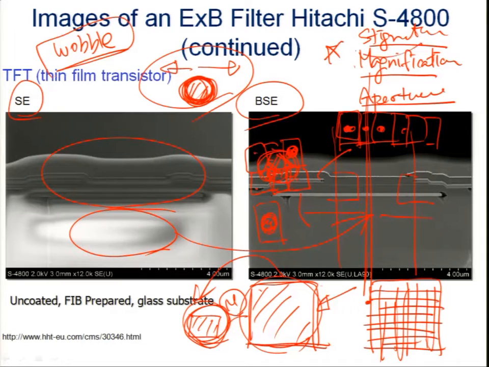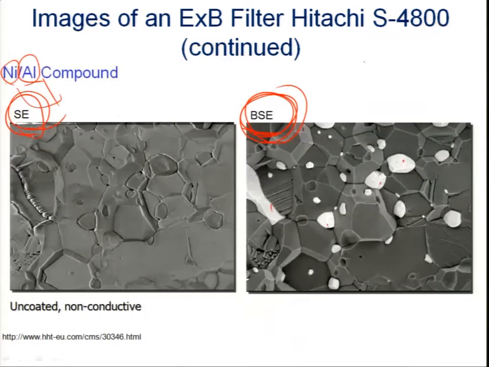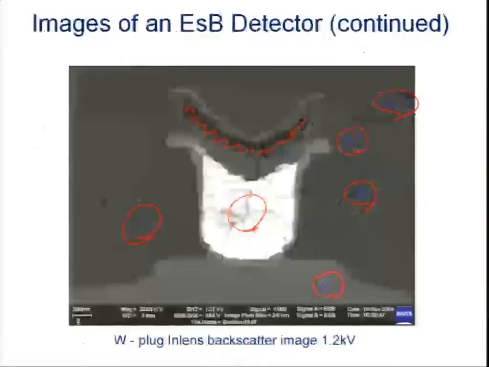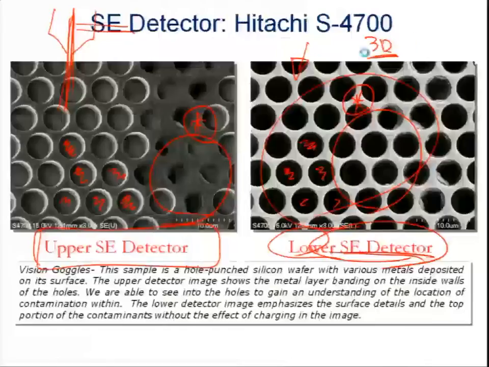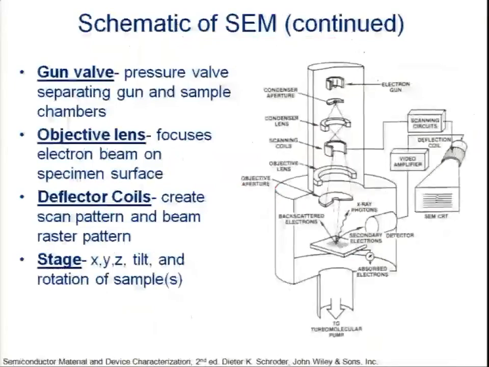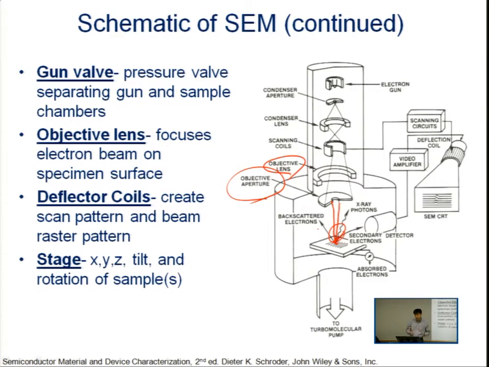Stigmation is when we focus the electron beams, and finally, as the beam comes through the objective lens, it is demagnified like this. When the beam is demagnified, if the objective lens does not work perfectly, the electron beam is not a perfect circle but has an ellipse shape, in this direction or this direction.